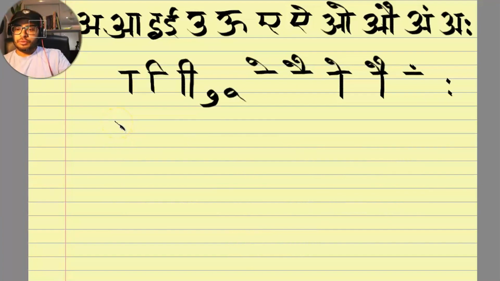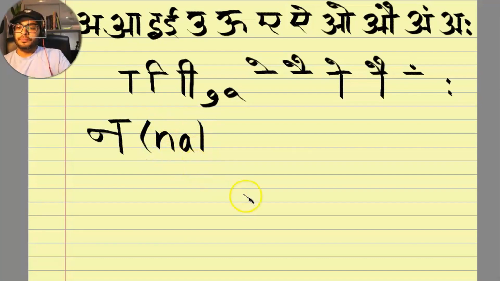The last sound in this dental group is going to be the sound na. This is how you write it, and this one uses N as the IAST letter. A word in English that resembles this sound would be something like nice, that na sound.